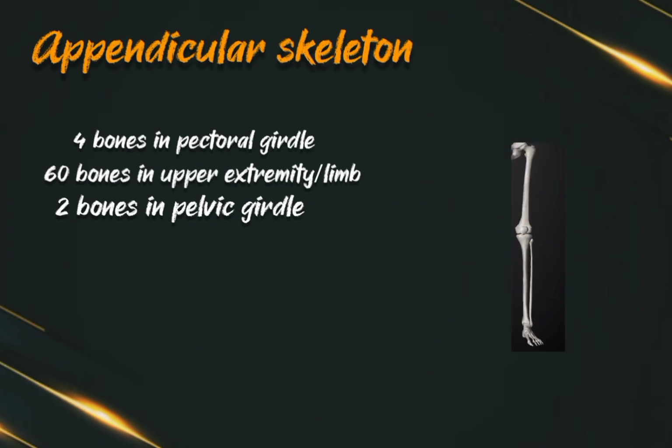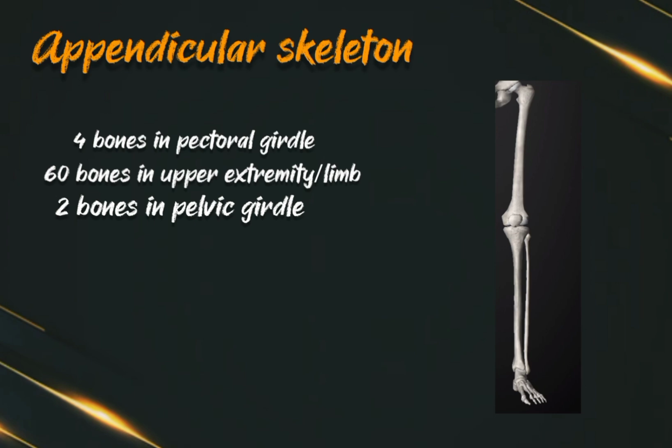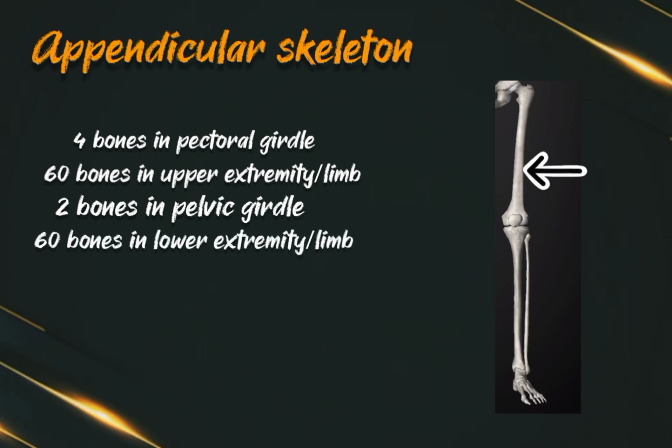And lastly, let's talk about the lower extremity. In each lower extremity you will find 30 bones: one femur in the thigh, one tibia and fibula in the leg, and one patella at the knee.